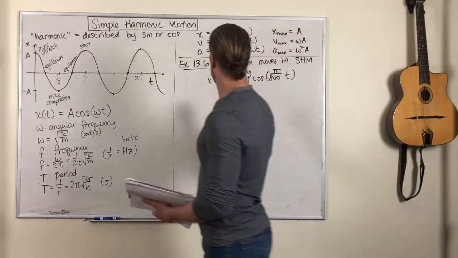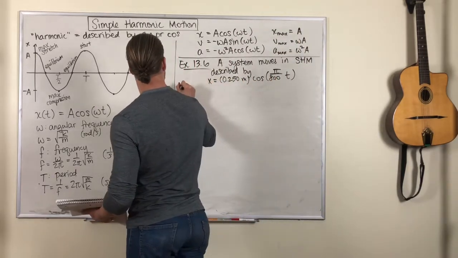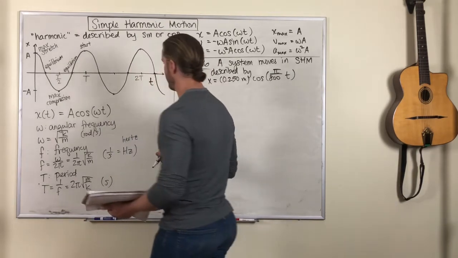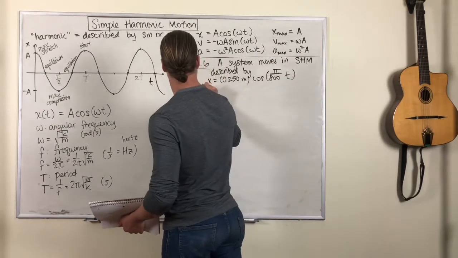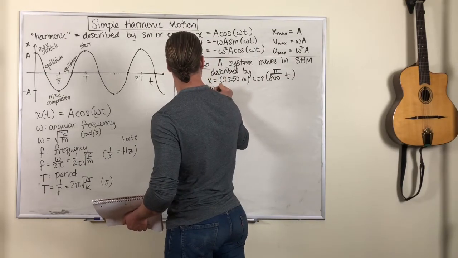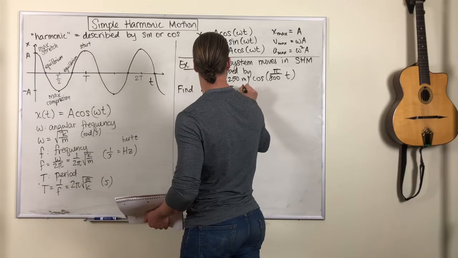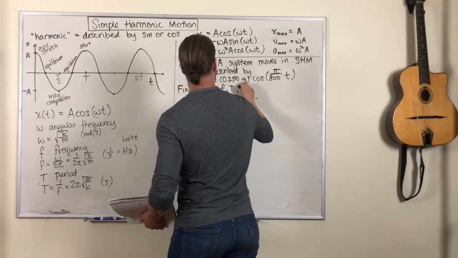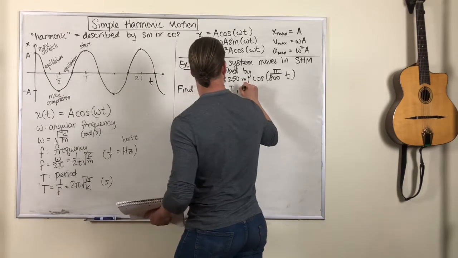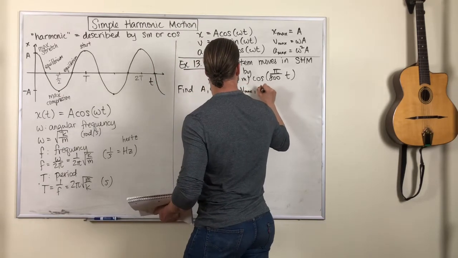And so the question here is, find all of these quantities that we just defined. So find A, omega, f, T, v max, a max.